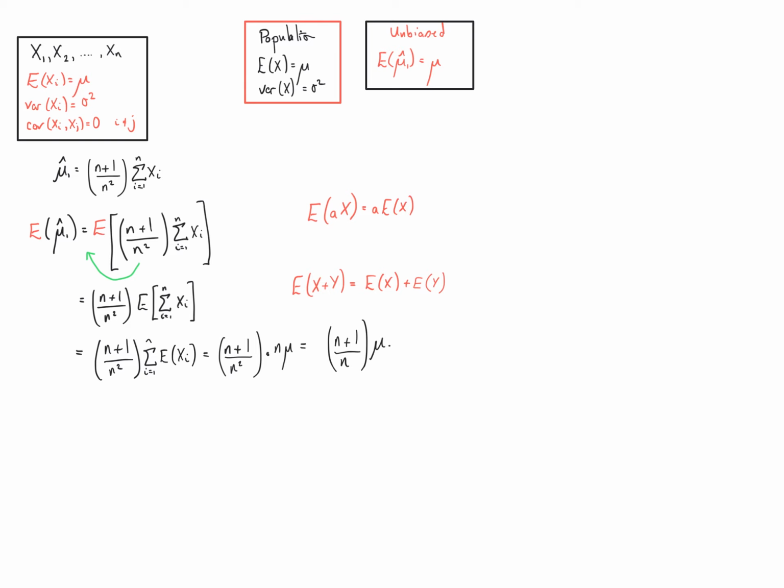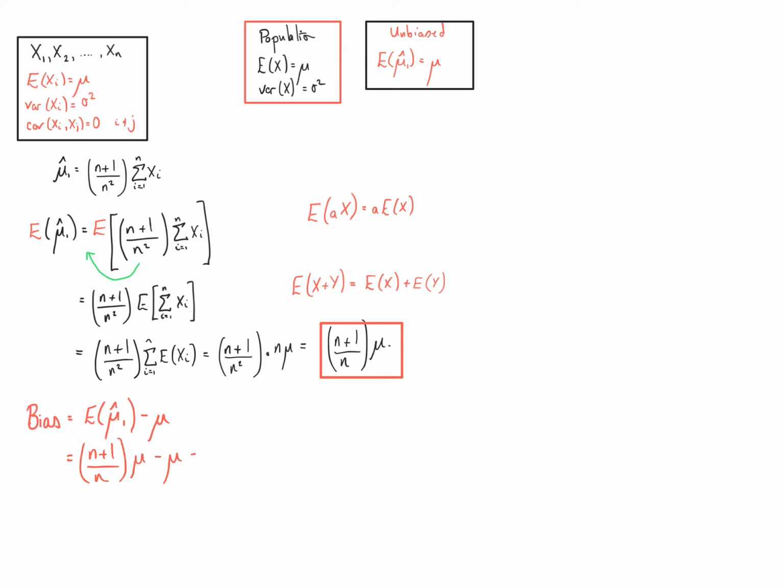Now, the bias is just defined as the difference between the expectation, or the average, of our estimator, so the expectation of mu1 hat, minus the true population parameter that we're estimating. We know that the expectation of our estimator is equal to n plus 1 over n times mu, so the bias is equal to n plus 1 over n times mu minus mu.